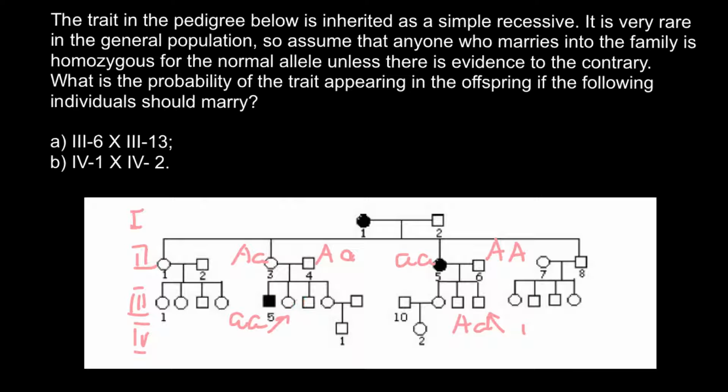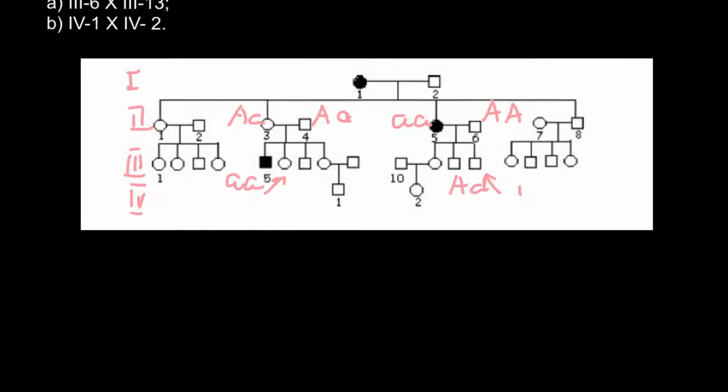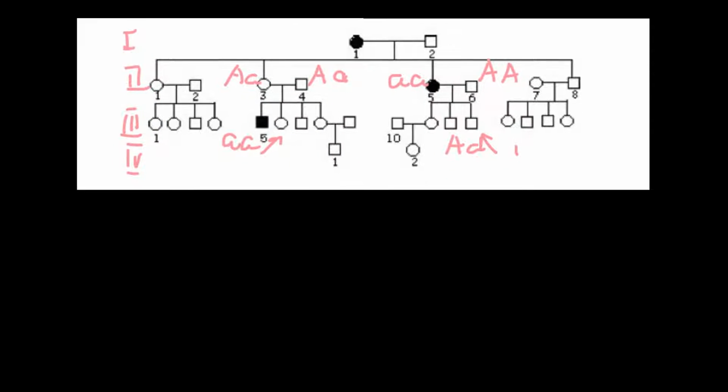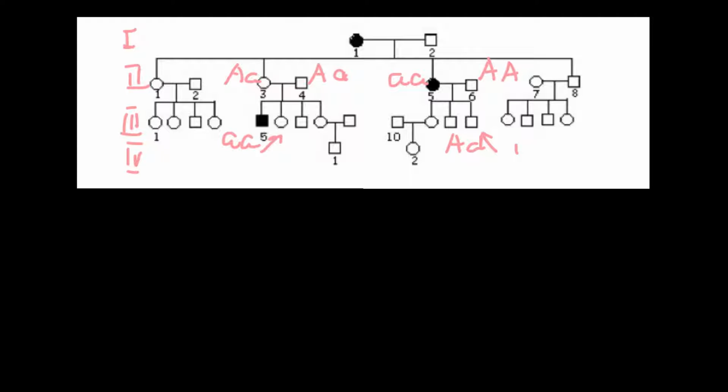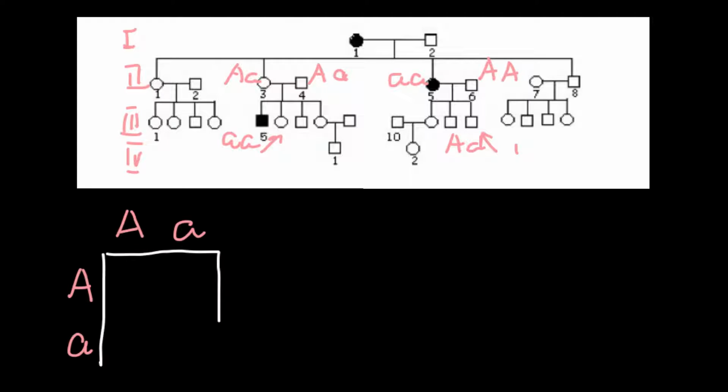So what is the probability that this person would also be a carrier? Let me move my slide a little bit. We would use a Punnett square to find the probability. We know that one parent is heterozygous, and the other parent is also heterozygous, and when we build a Punnett square, we can find the probability for the phenotypically normal child also to be heterozygous, a carrier.